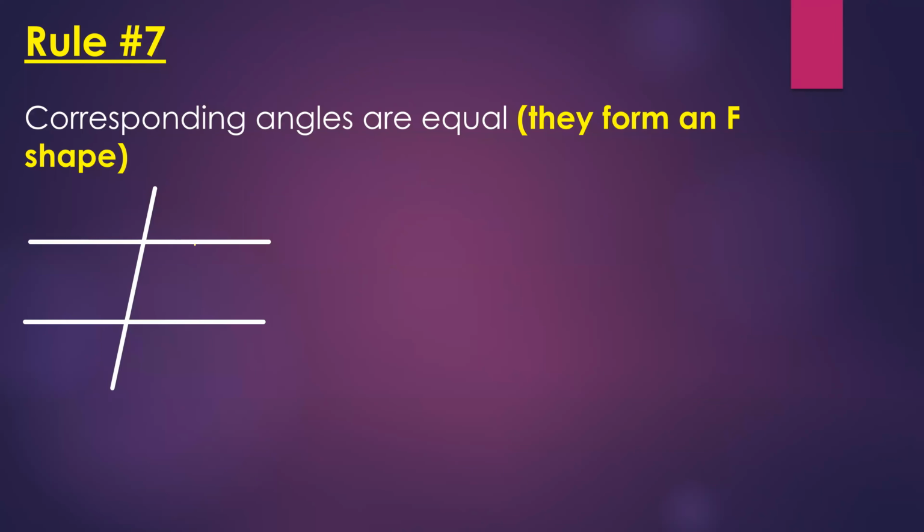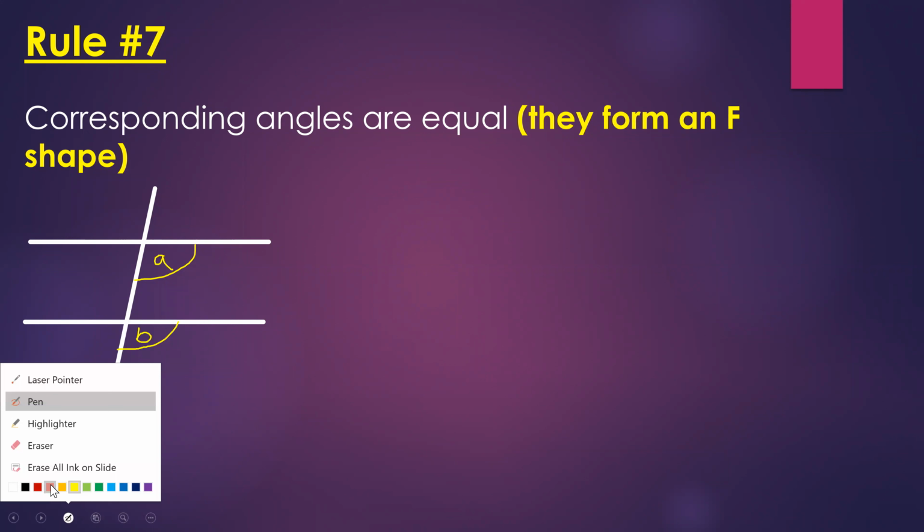So let's say, for example, we have this angle right there. Let's call this angle A. The angle on the inside right there, that's angle B. And so we know that A equals angle B. These are corresponding angles. Why? Because you can see that they form the F shape. Let me highlight the F shape.